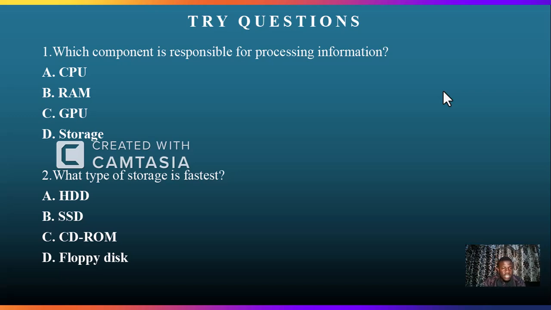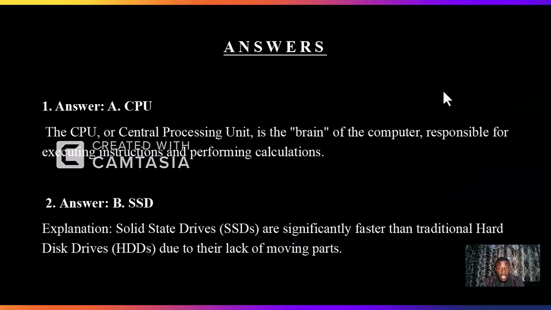And also there are multiple choice answers. Here are the answers. 1, the answer is A, CPU, and we said it is the brain of the computer. 2, we have the SSD, that is the solid state drive, which is much faster than the HDD.